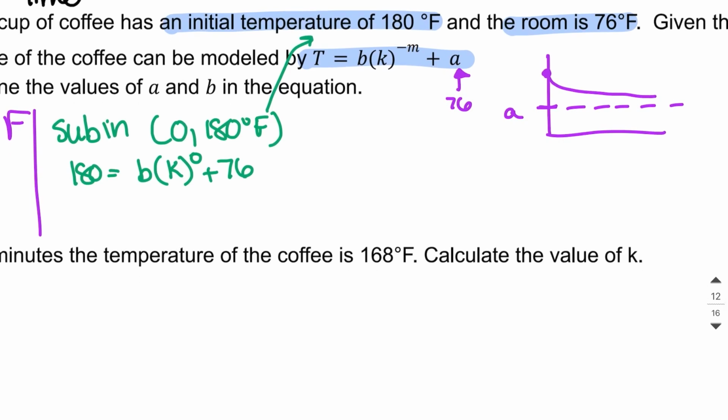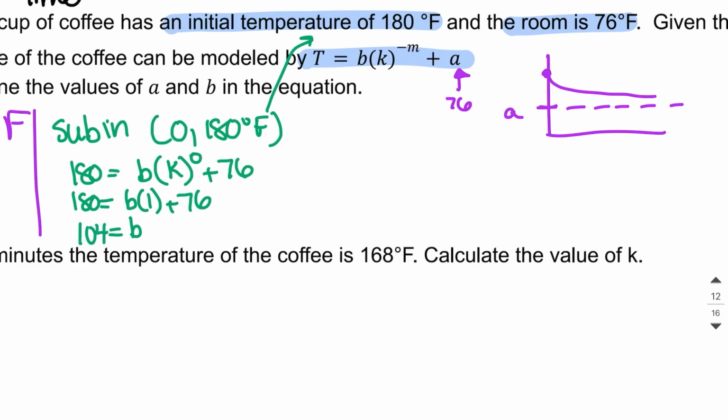And now I can go ahead and evaluate. So right here, this is going to be 180 equals B times anything to the power of 0 is going to be 1 plus 76. So B times 1 is just B. Subtract the 76 from the other side, and you end up getting 104.